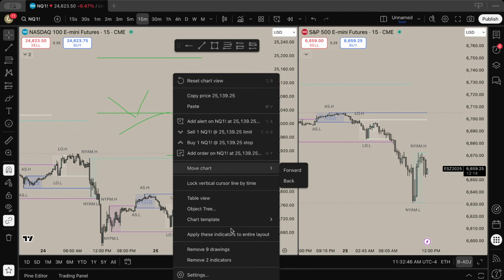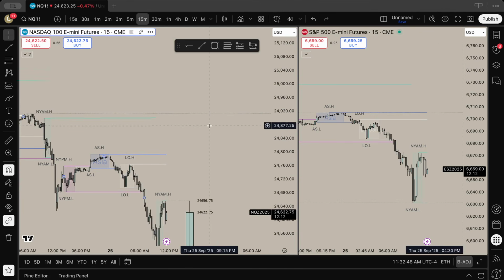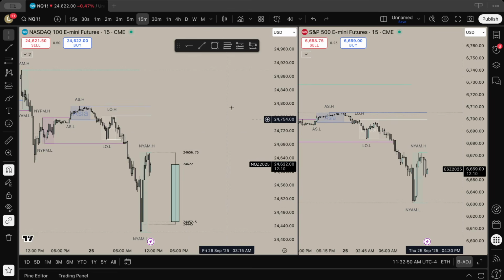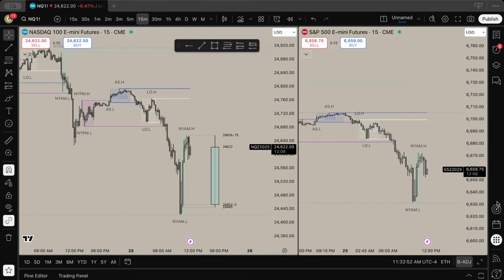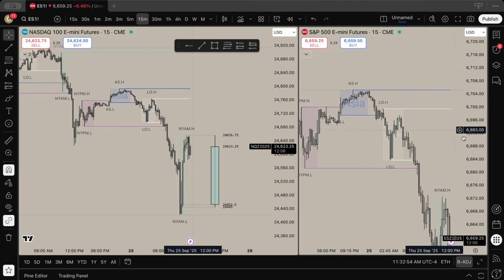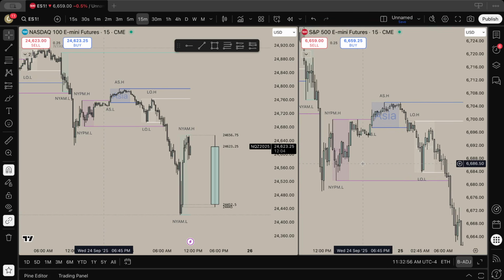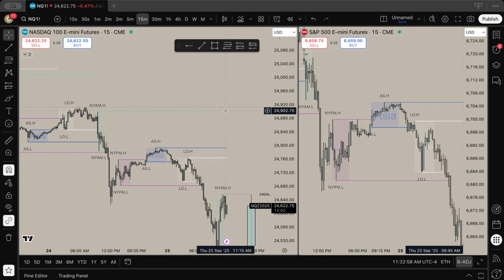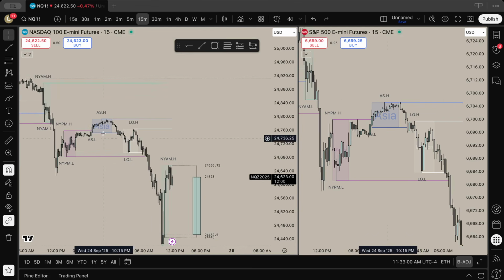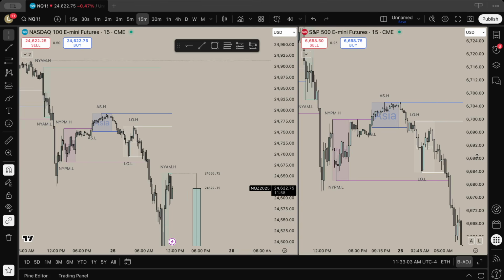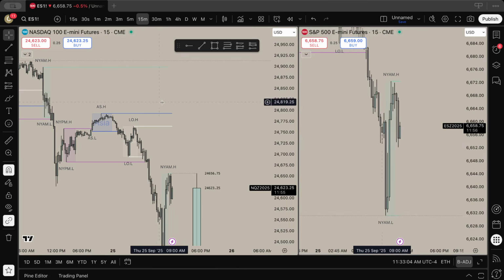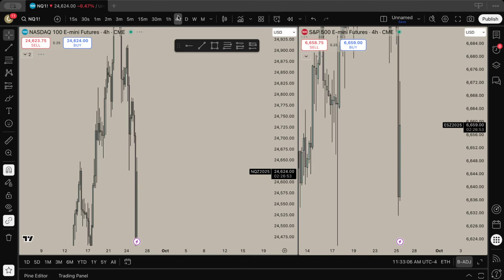So when I'm looking for a draw on liquidity, I'm looking at all these key levels and I'm looking for SMT because SMT will tell me where the market really wants to go. So that's basically how I use session highs and lows and data highs and lows to find my draw on liquidity. Now we can get into premium and discount and stuff like that.